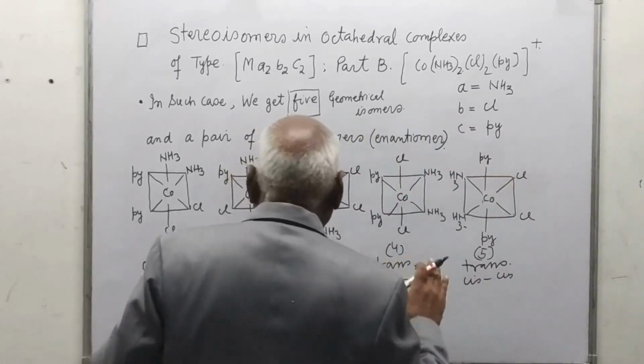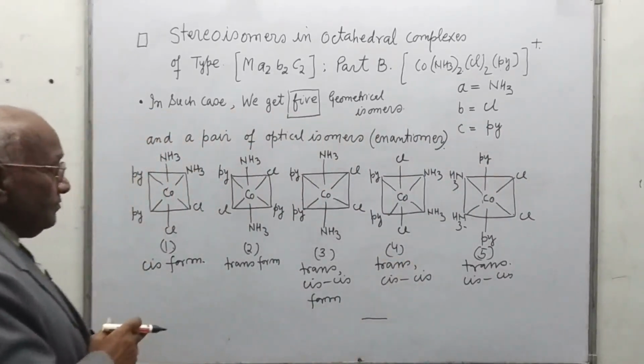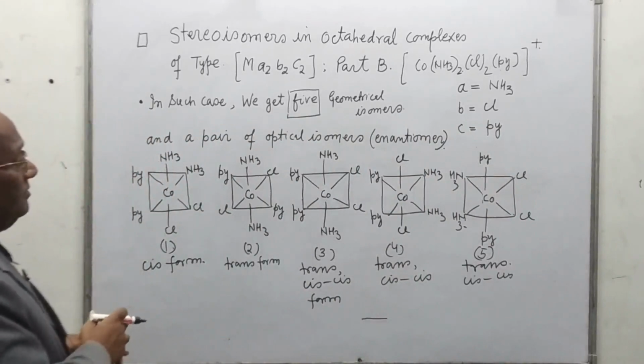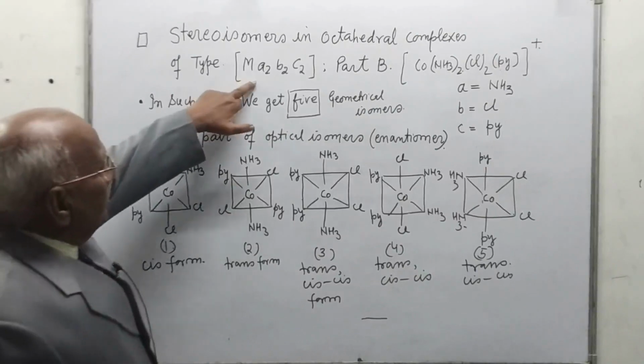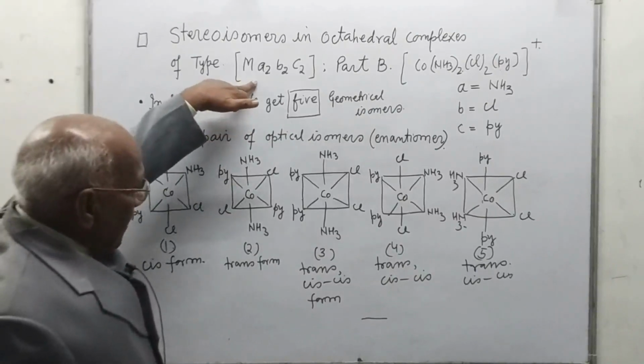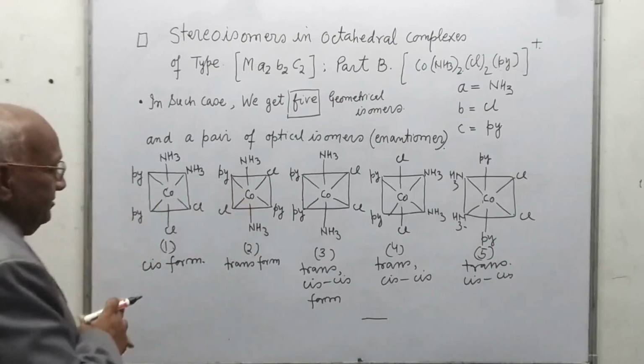So these are the 5 structural representations for the octahedral complex belonging to this type. Now see the relations.